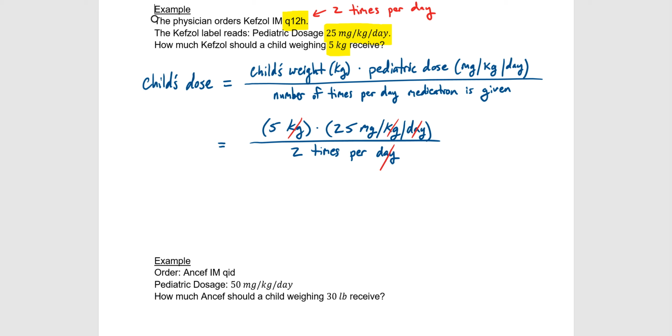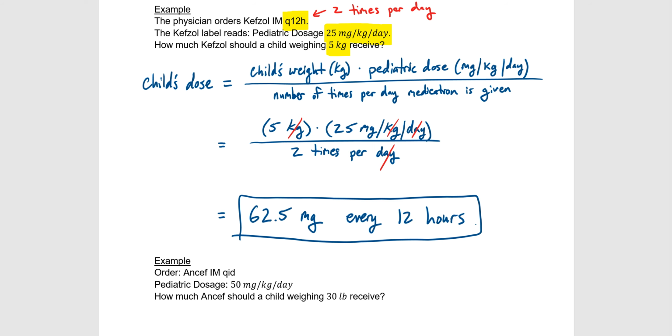So you can multiply 5 times 25 and then divide that by 2. That gives us 125 divided by 2, which gives us 62.5 milligrams. So just to have some units with our answer here, we have 62.5 milligrams every 12 hours.